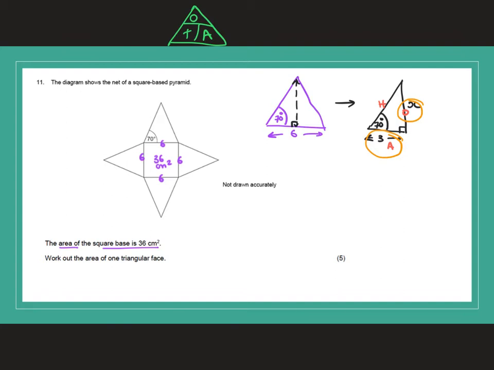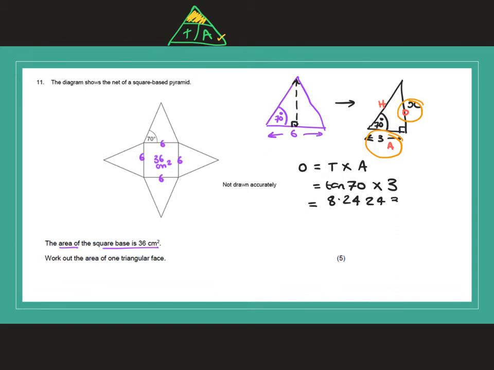Well, we know A, we don't know O, we're trying to find it. So if I cover up O, the triangle tells me I need to do T multiplied by A. T, remember, stands for tan of the angle, tan 70 multiplied by 3, and that gives me a height of 8.24248.